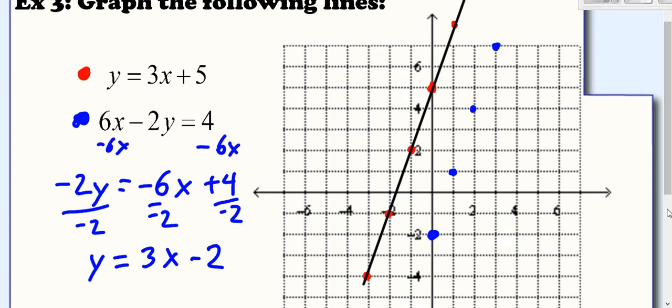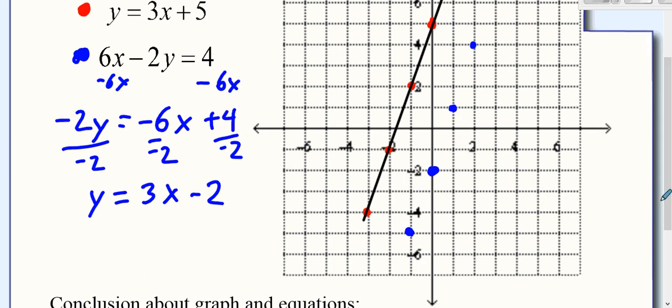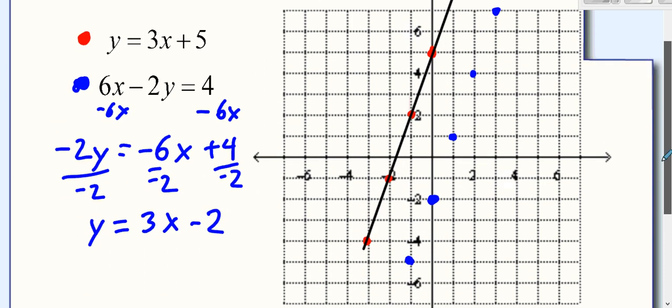And if we wanted another point to the other side, you could go down 3, left 1. That would work too. So there's our 2 lines.